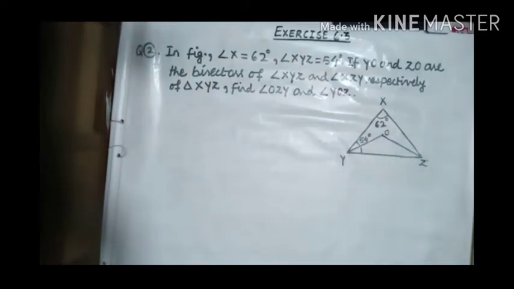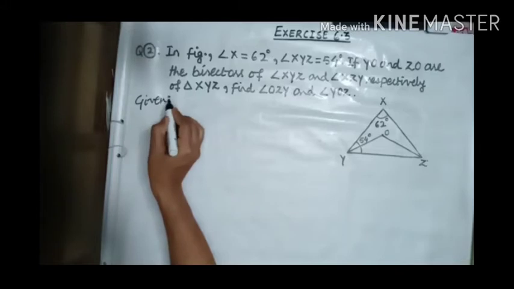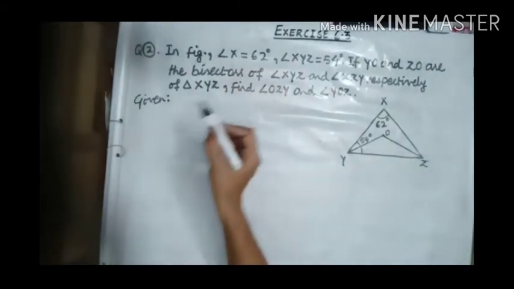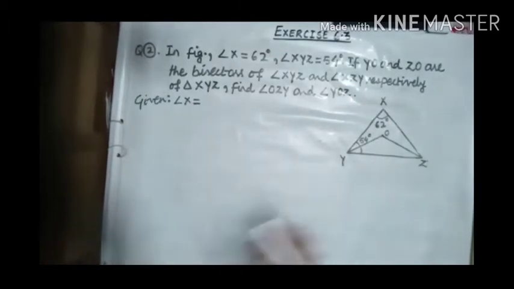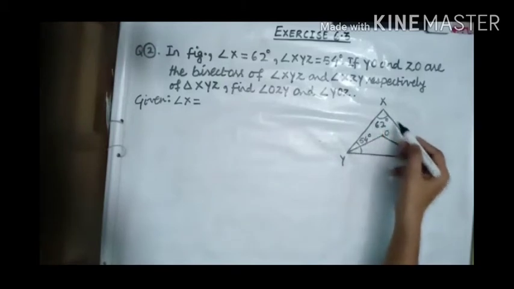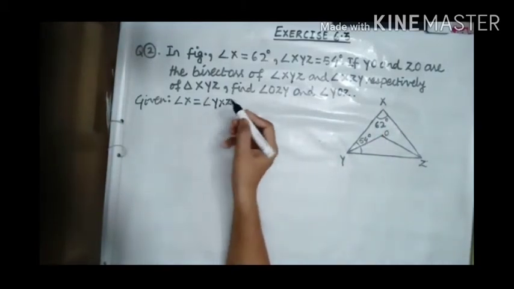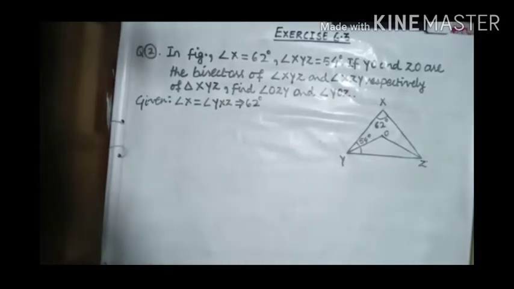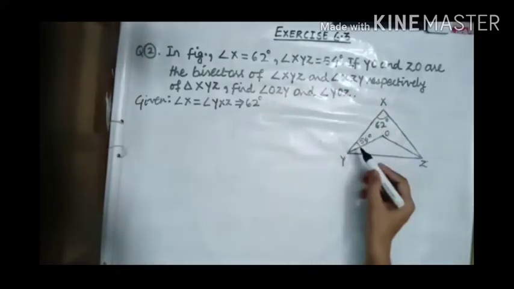So let's revise the condition which we are given. So we are given the value of angle X is 62 degrees. Here by angle X we mean angle YXZ. So this we are given 62 degrees. And angle XYZ is 54 degrees.